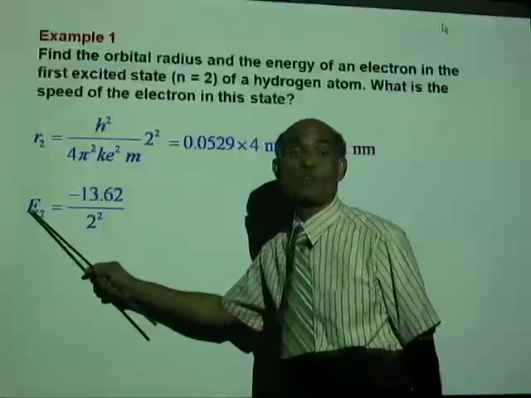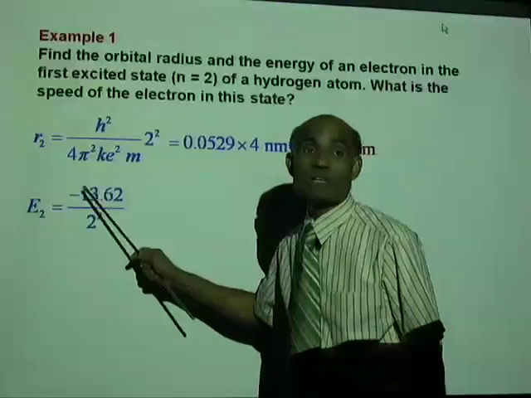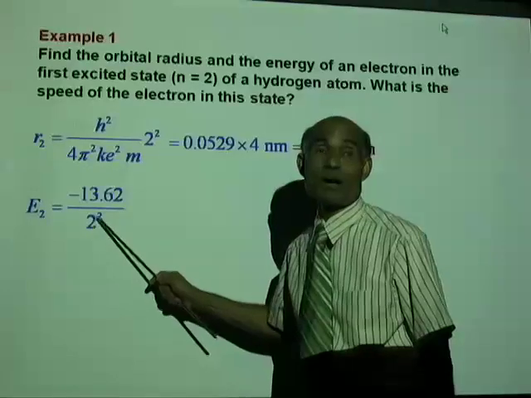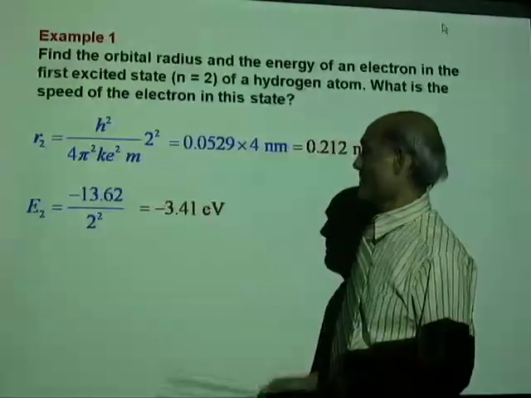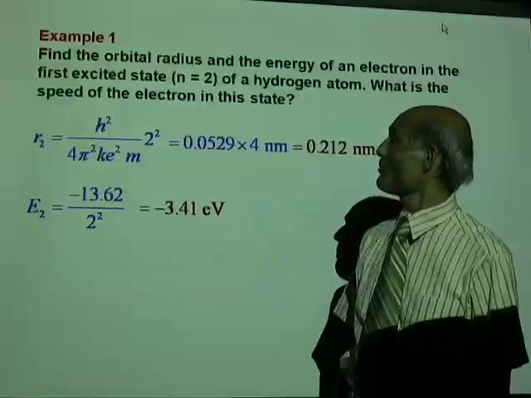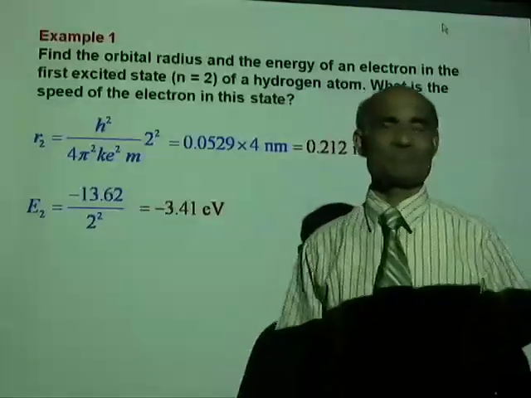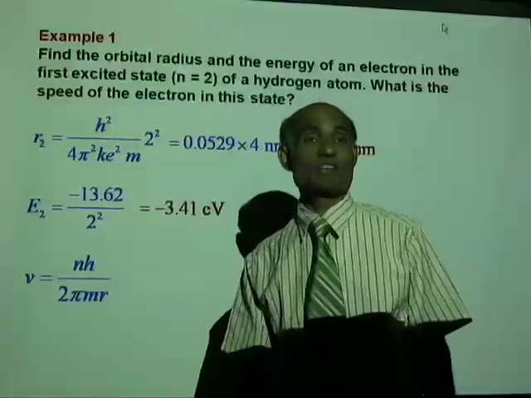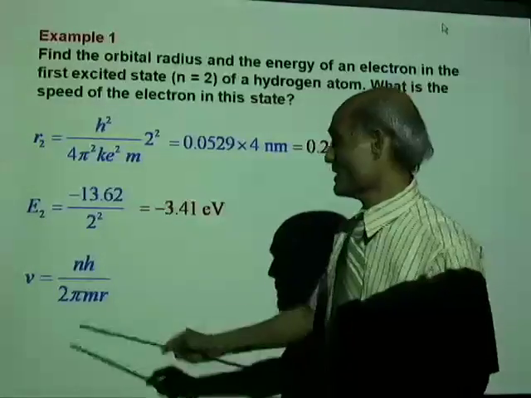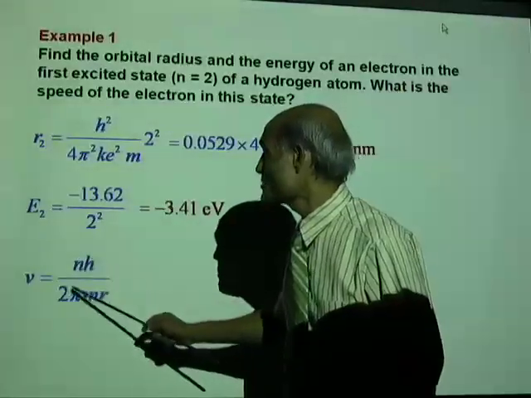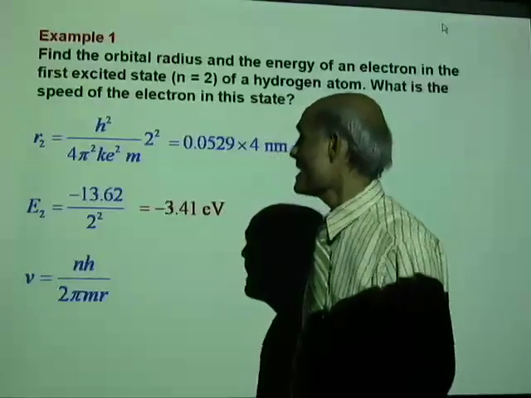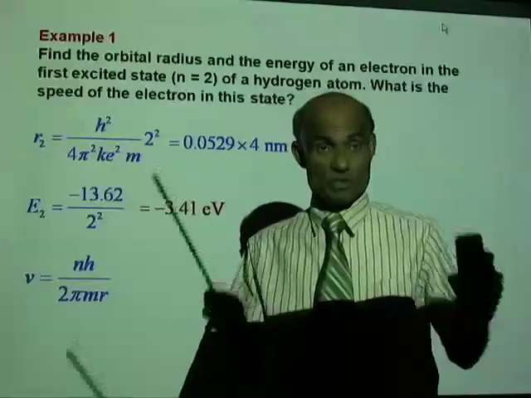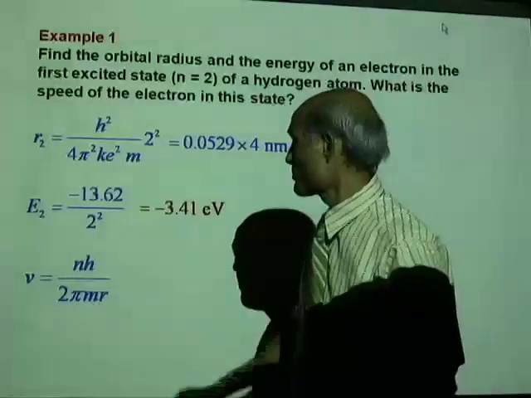And the energy of an electron in that orbit will be negative 13.62 divided by n squared, with n equal to 2. That will be negative 3.41 electron volt. Alright. And what is the velocity of the electron in that orbit? v equals nh over 2 pi m r. We had obtained that earlier, so keep track of all these simple relations.